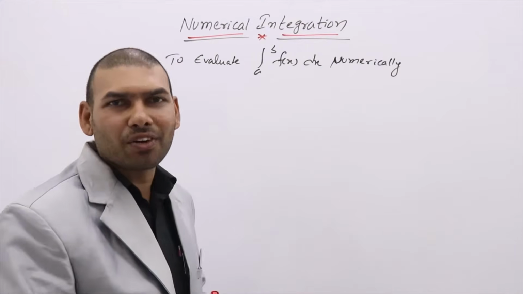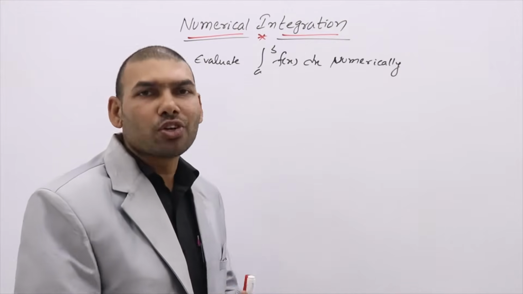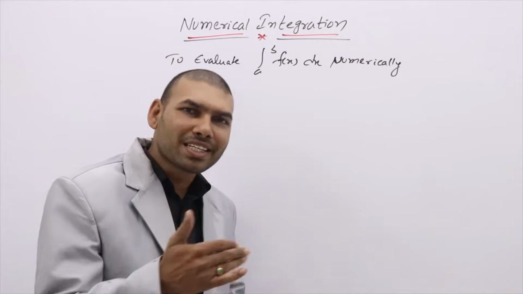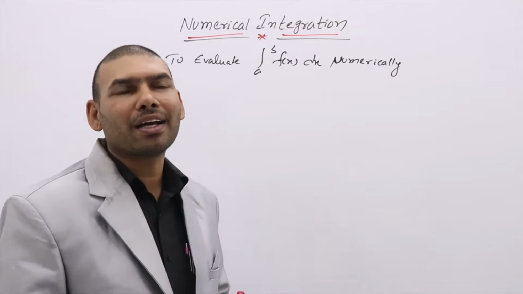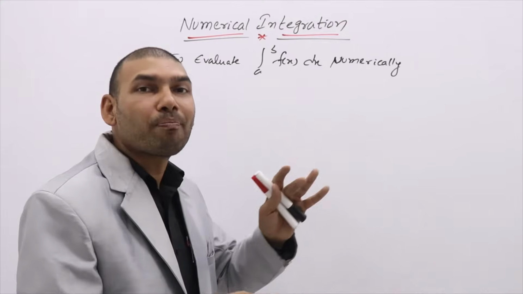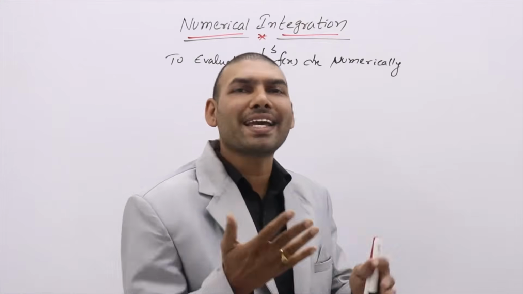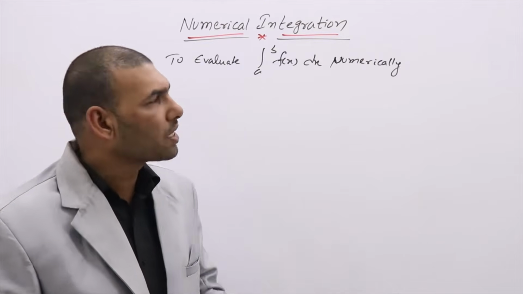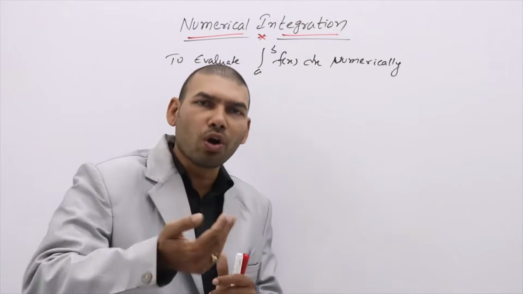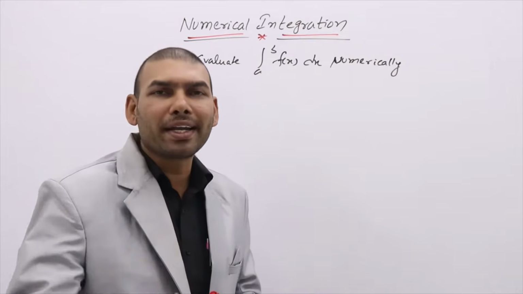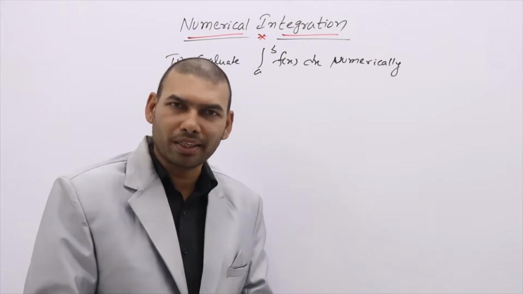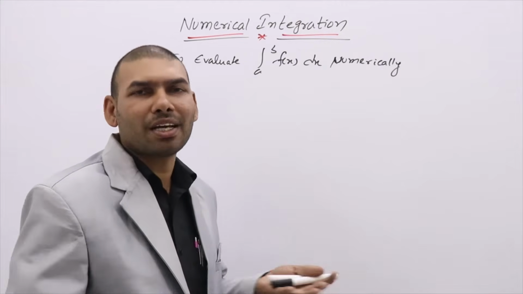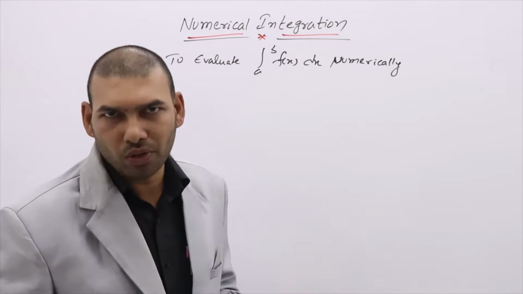With the numerical method, you get the answer very quickly in less time, very easily. But the small drawback is that you will get an approximate answer other than exact, which may be very close to the exact value. If one integral value is 4, you may get 3.8, 3.9 or 4.1 like that. It will approach the exact value, but not be exact. Sometimes we may get the exact value also.